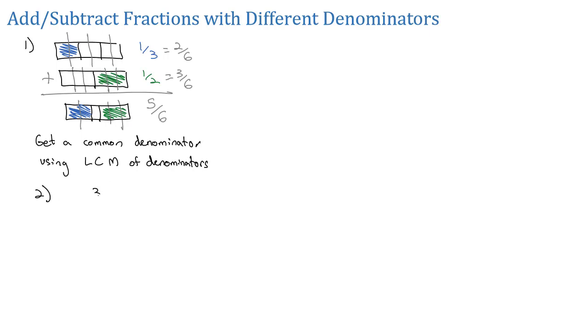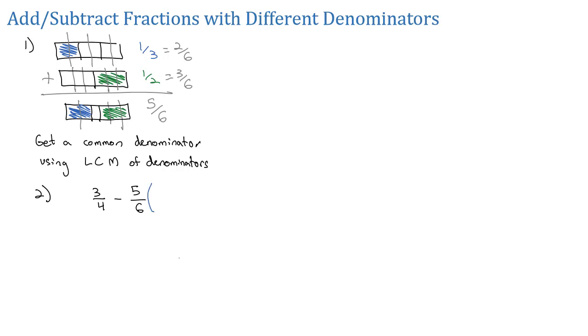Let's do 3/4 minus 5/6. Now this one I might be able to look at and kind of see what the common multiple is. We know 6 is not divisible by 4, but if I double 6 and get 12, 12 is divisible by 4.